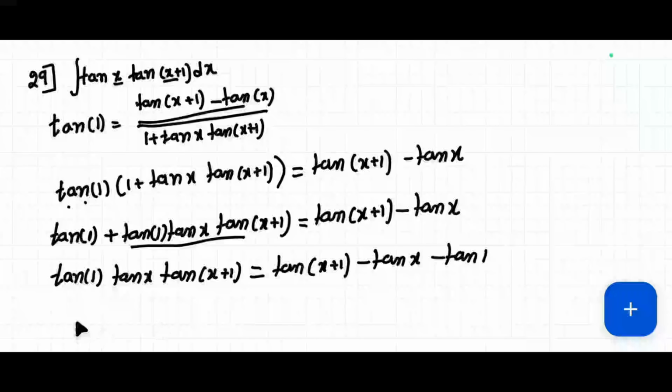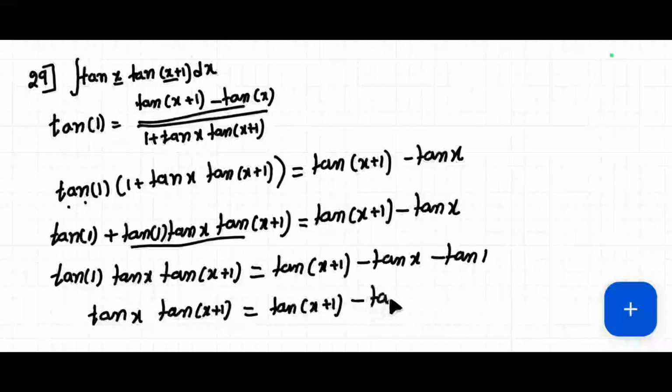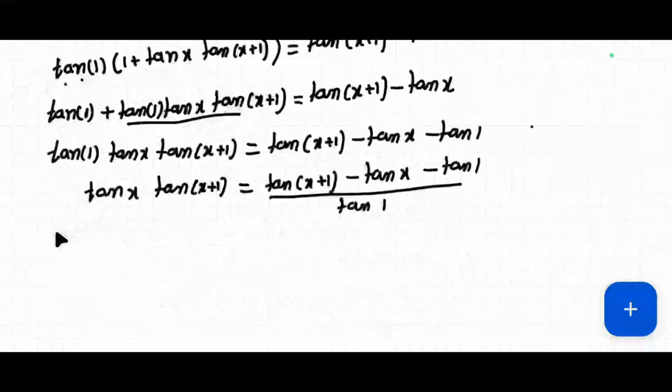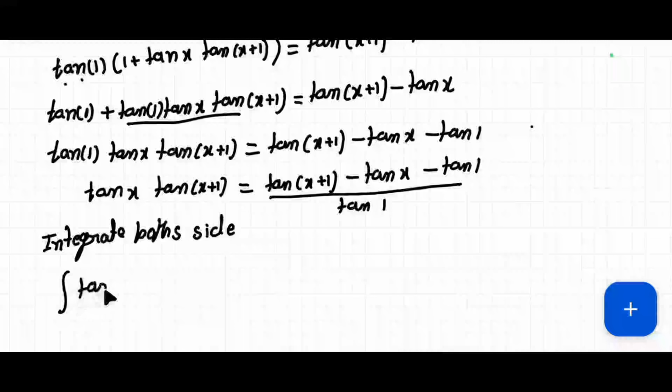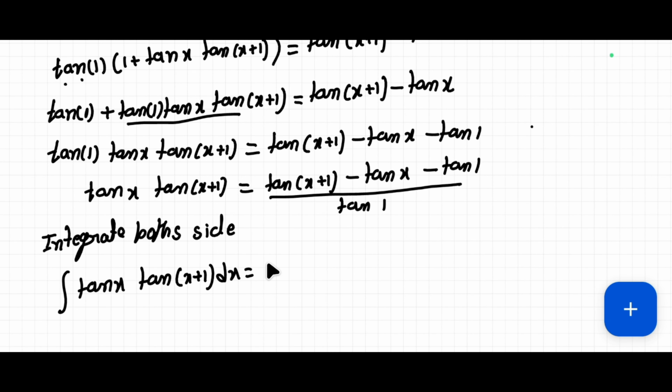Tan 1 also to the other side: tan x tan of x plus 1 is equal to tan of x plus 1 minus tan x minus tan 1, whole by tan 1. Integrating both sides, the integral of tan x tan of x plus 1 dx is equal to 1 by tan 1, that is cot 1, taken outside.